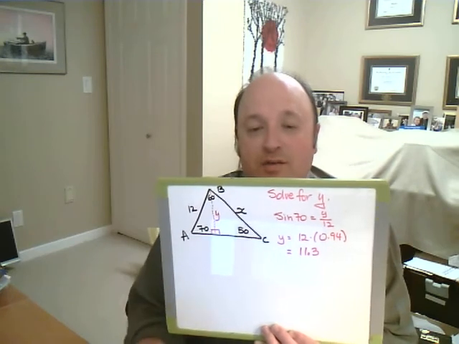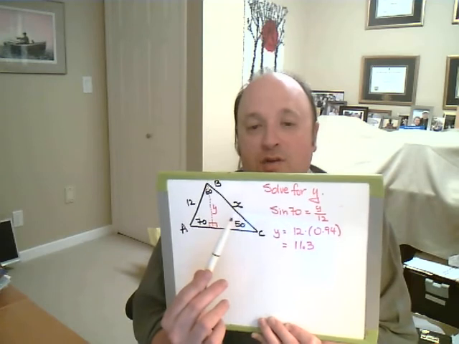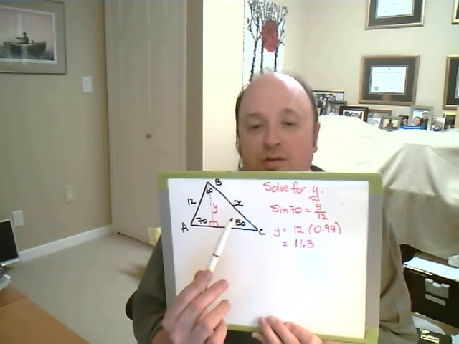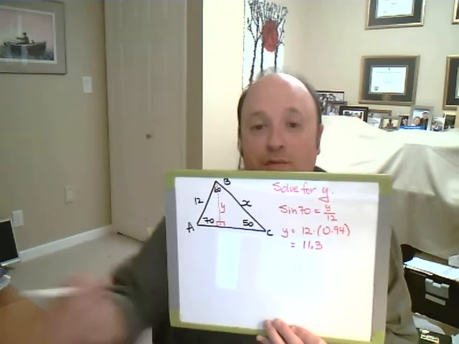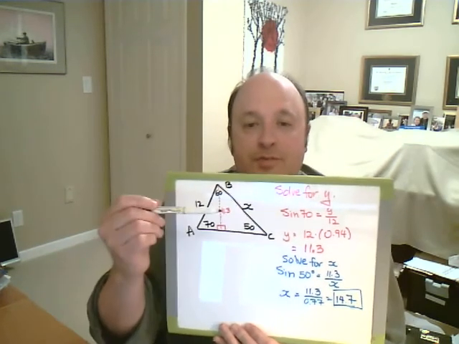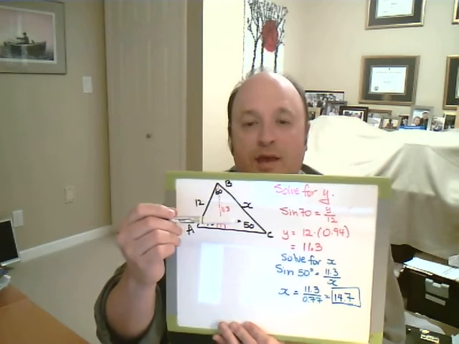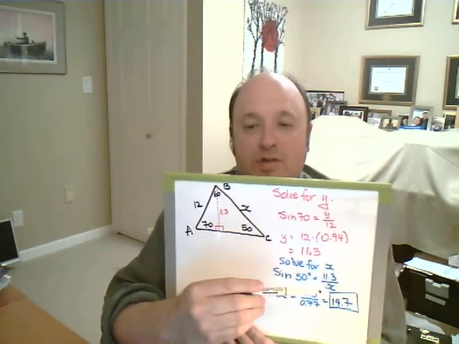So now I'm going to use that value, 11.3, in this triangle over here, the triangle on the left, to solve for x. So I'll do that one in blue. Okay, so there's my 11.3. There's the angle, so that's opposite over hypotenuse. Hypotenuse is the x, which is on the bottom.